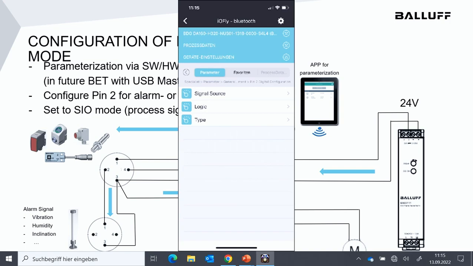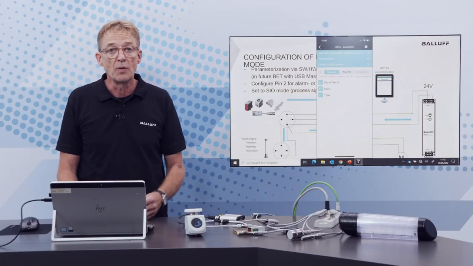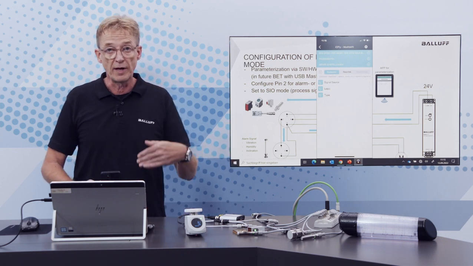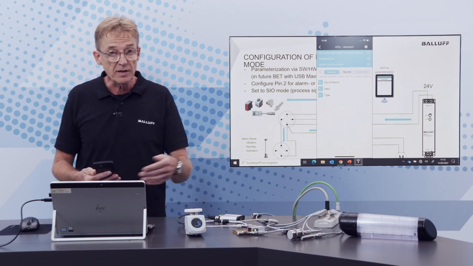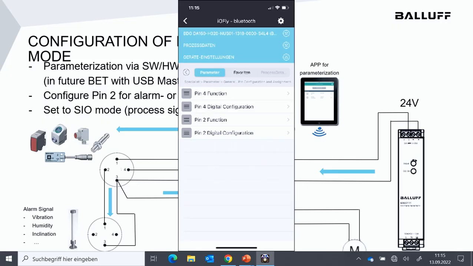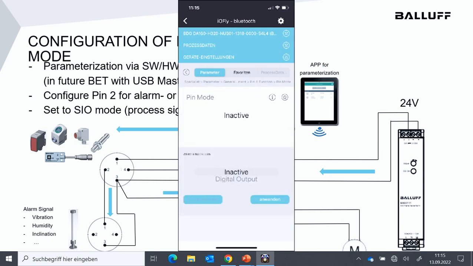Okay, but that's not all. We don't want to work only with the alarm status. We also want to have the information if the target value is reached, and for this we can go into the pin 4 functionality, and we set this to digital output as well.